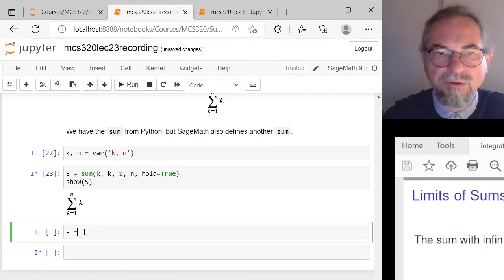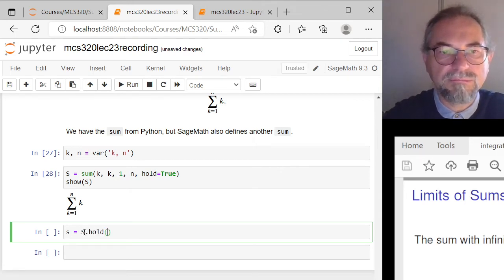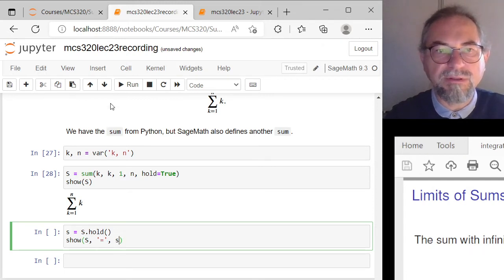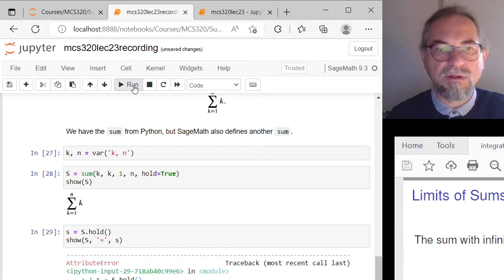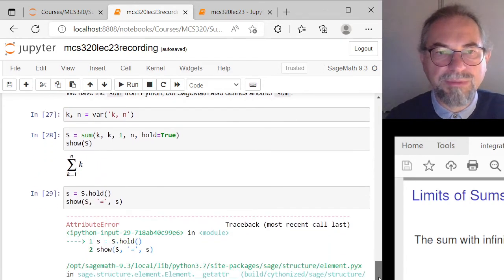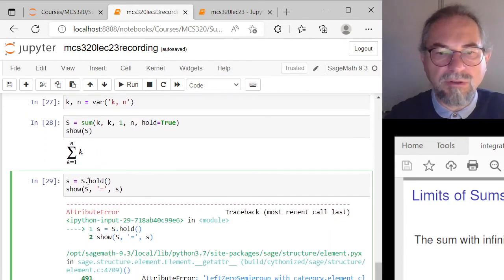So the value of the sum I will denote by the little s, and make a statement. So show of the capital S equals the little s. It should be the unhold, not the hold.